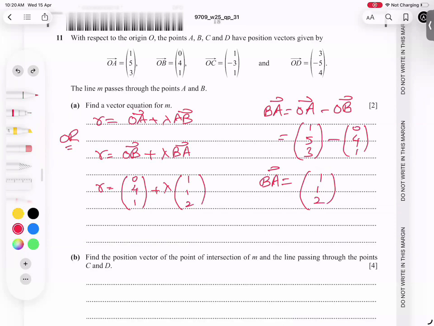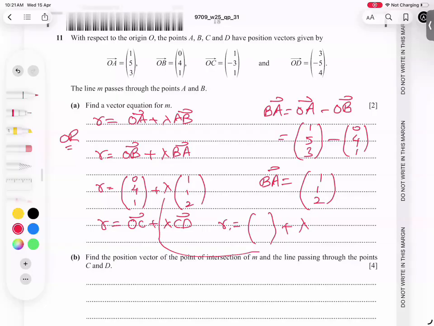Second part: find the position vector of the intersection of line M and the line that passes through points C and D. It means we have two lines. One line is passing through AB, which we already have, and one for CD. In the same way we can make it: r equals OC plus t times CD.